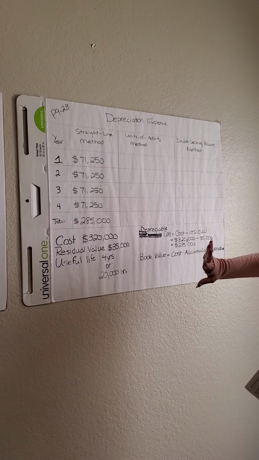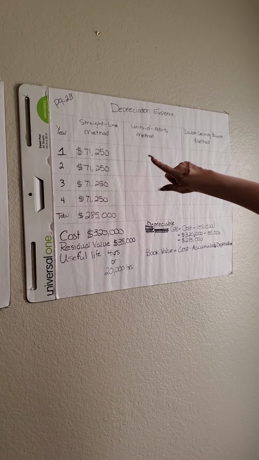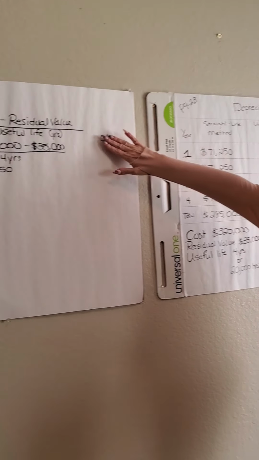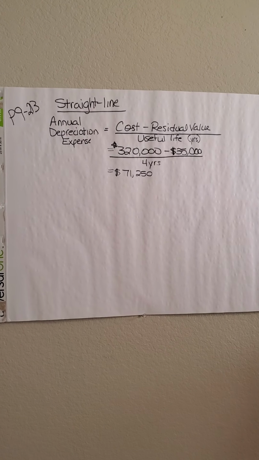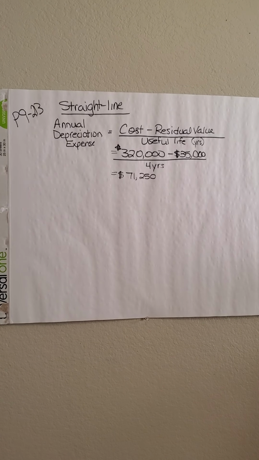So again, with straight line, your formula is cost minus residual value over the useful life. And we get the same amount every year. And so that we've included in here.